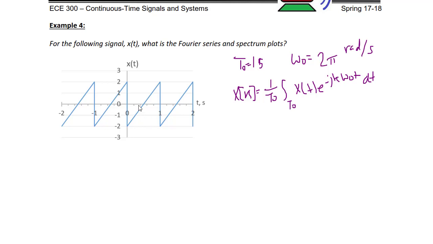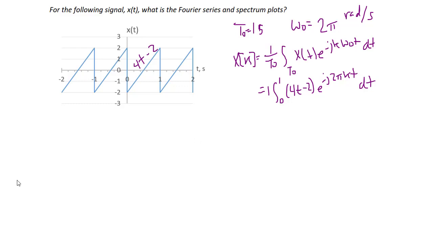And for 1 period, the equation of this line here is 4t minus 2. So I can write my integral as 1 times the integral from 0 to 1, 4t minus 2, e to the negative j 2 pi kt dt. If k is equal to 0, we can find X of 0.